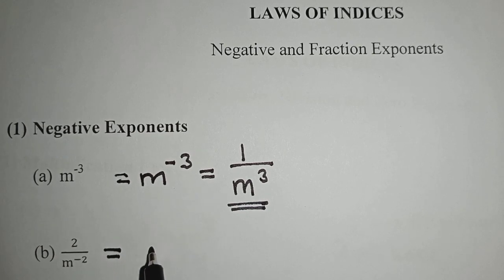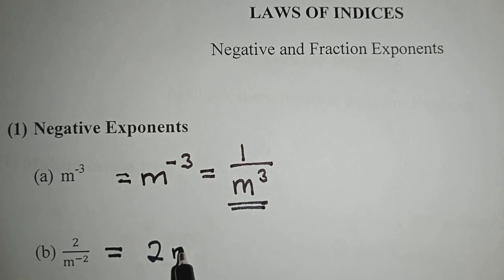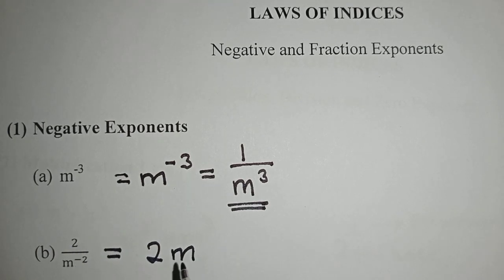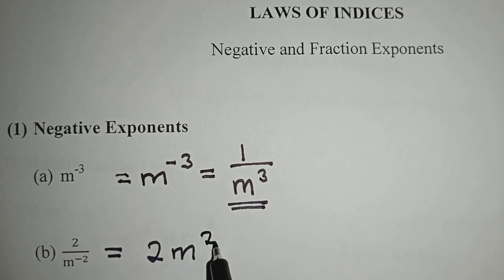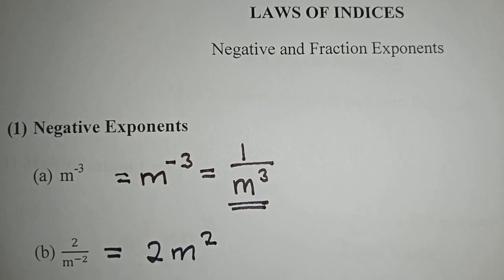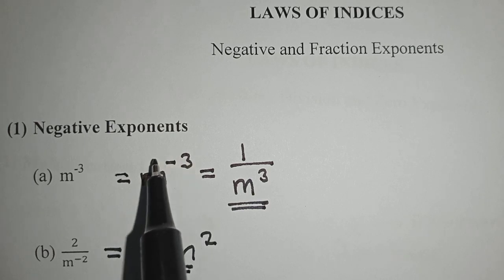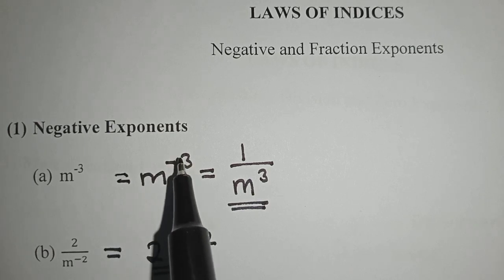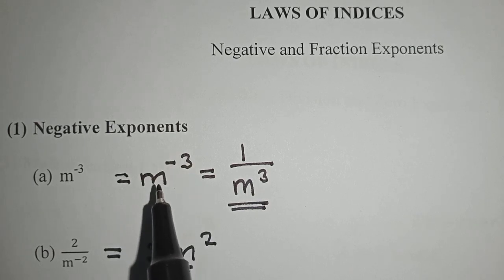For this one, almost the same procedure, or let me just say the same procedure. You change this to a positive power. So meaning you shall have m, it will go on top, and the power will be positive like that. Okay, and this is what we have. So here, the negative power was right here.